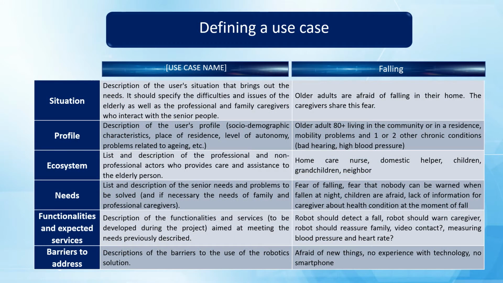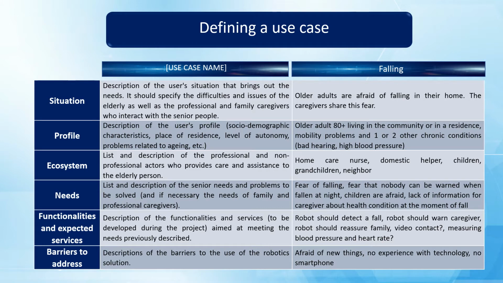Defining a use case is an activity where you brainstorm together with your team and with your stakeholders about the type of user and the type of needs of that user and the benefits that the robotic solution could have. Here we show an example of that and a description of what is actually the parts of a use case.